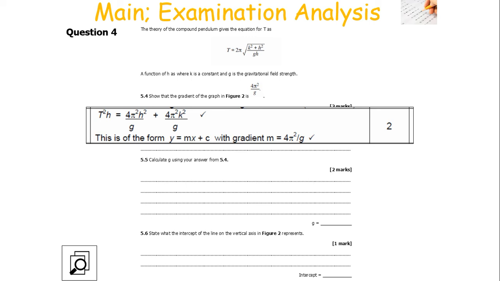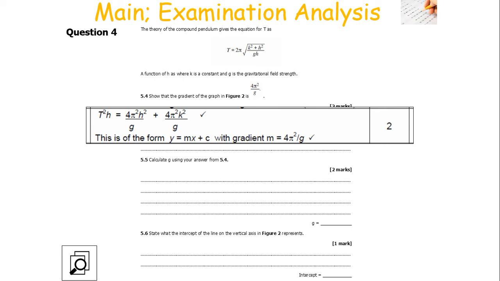So as y equals mx plus c, we know that m is what is multiplied by h squared, so it's 4 pi squared over g, and 4 pi squared k squared over g is going to be c.